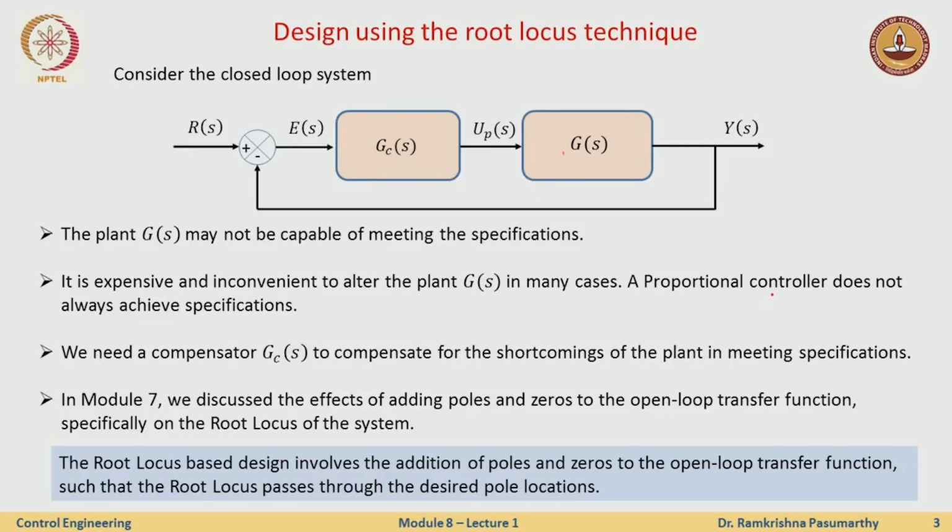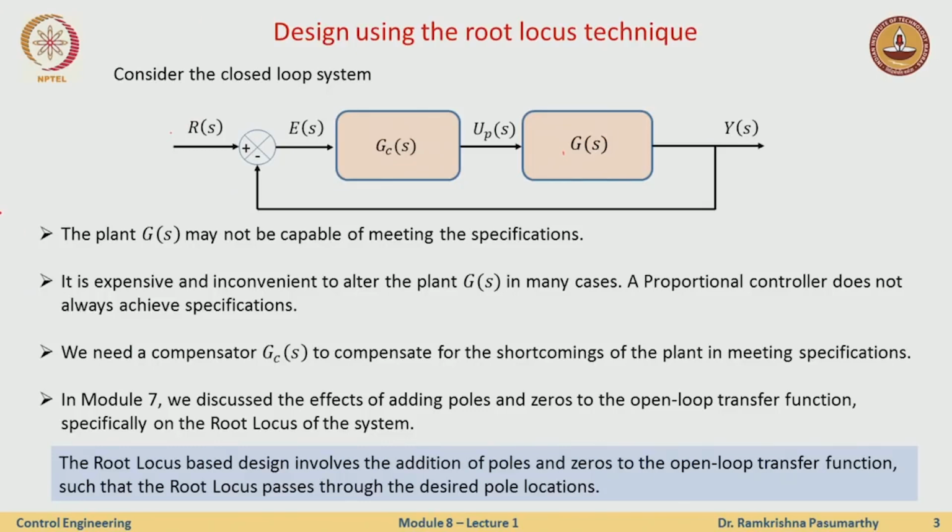These are static controllers, where I am just increasing the gain. If increasing the gain does not help me, I need to add a dynamic compensator, which has some poles and zeros, to overcome the shortcomings of the plant in meeting the desired specifications, as simple as tracking a reference signal.